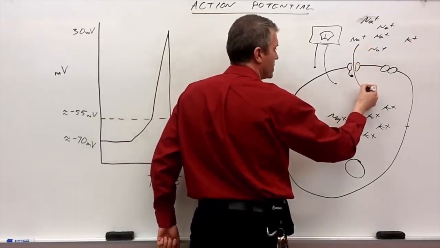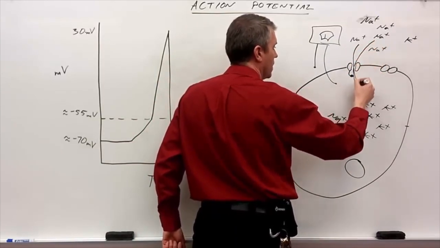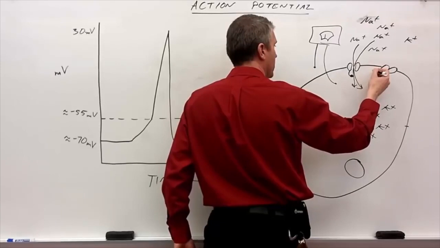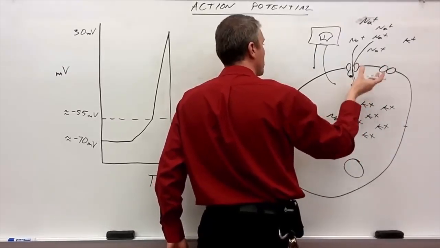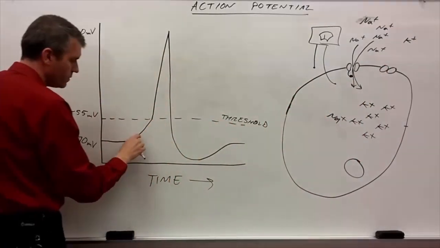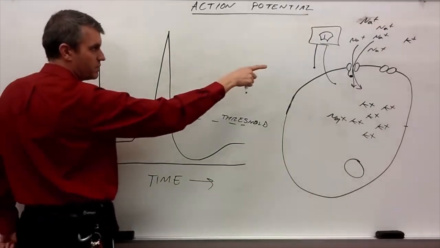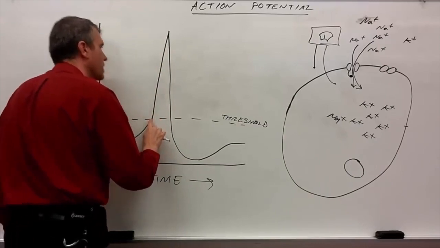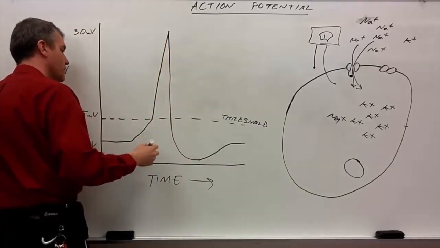That causes sodium to come into the cell. Sodium is positively charged, so the charge on the membrane, on the inside, goes up. So once we reach threshold, those voltage-gated sodium channels open and we get depolarization, this increase of charge going a lot more positive.